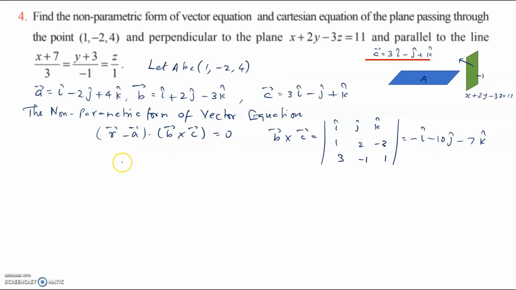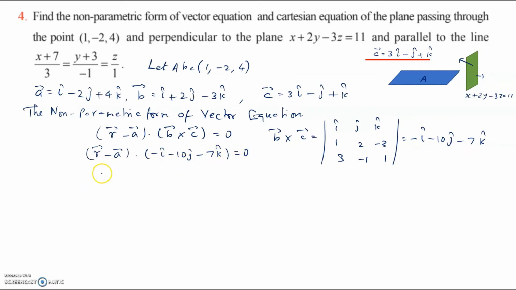Therefore, substituting the value here, you get R minus A vector dot product with minus i cap minus 10 j cap minus 7 k cap is equal to 0.